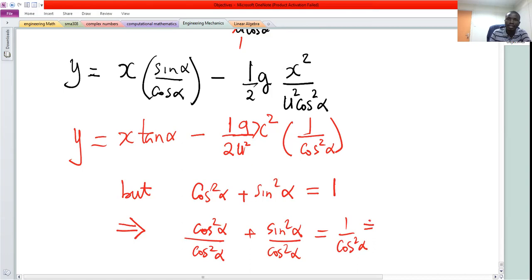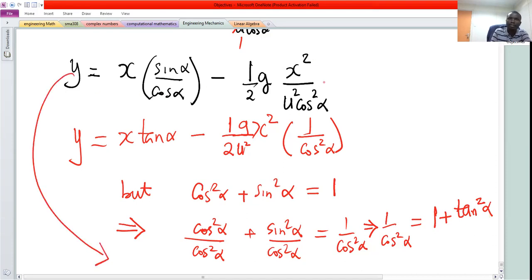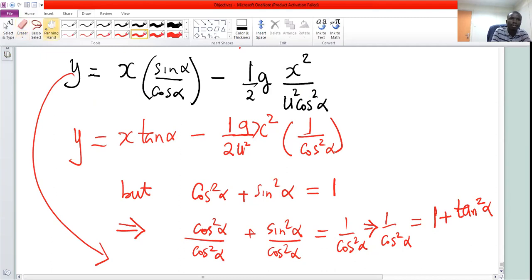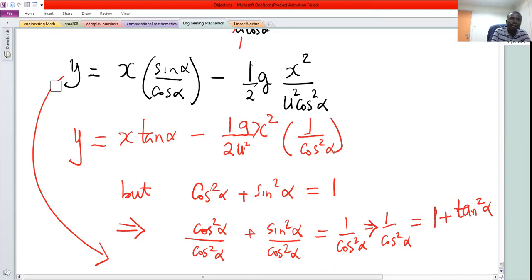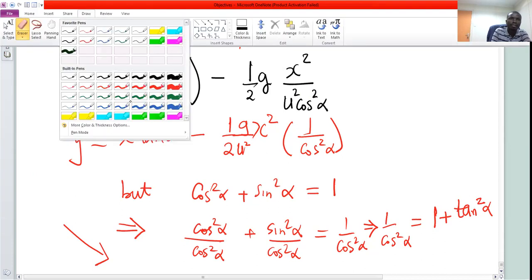So which means that 1 over cos squared alpha is the same as, so here we get 1. Sine over cosine is tan, but then square. So that's what we have. Which means that in this lower equation, where there's 1 over cos squared alpha, we can always replace that one by 1 plus tan squared alpha.